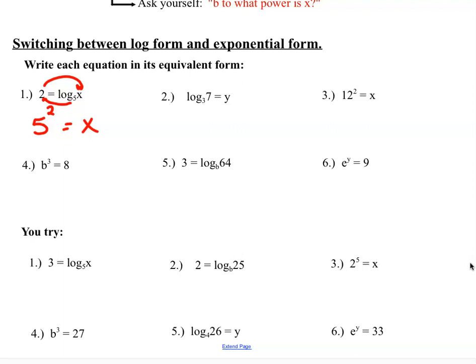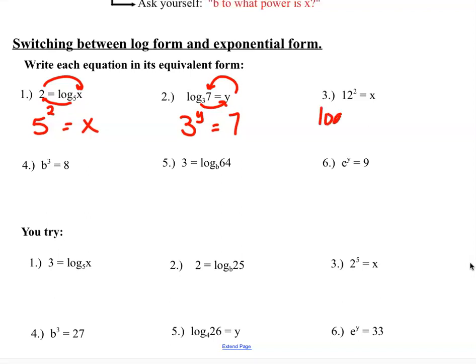So in the second example, we would start with our base to the y power should get us to 7. Example 3 is already in exponential form. We are going to convert it back to log form. So what is the base of this exponential statement?